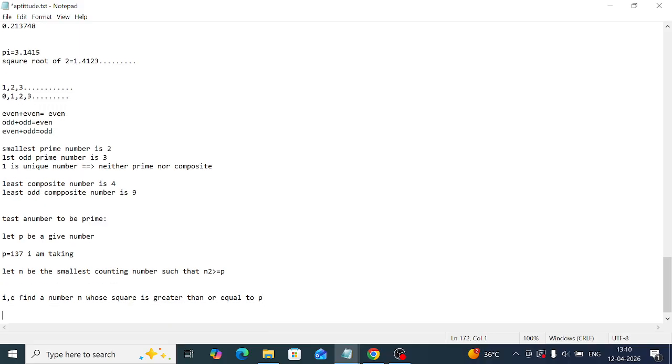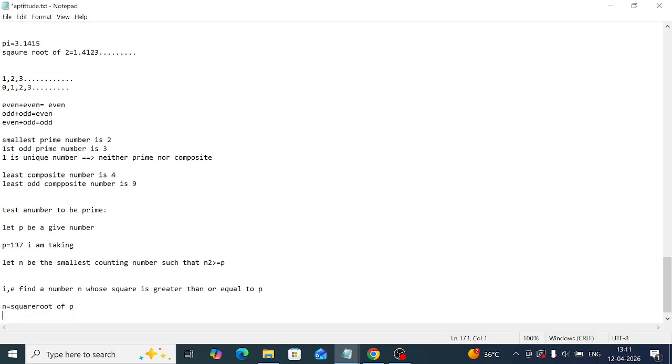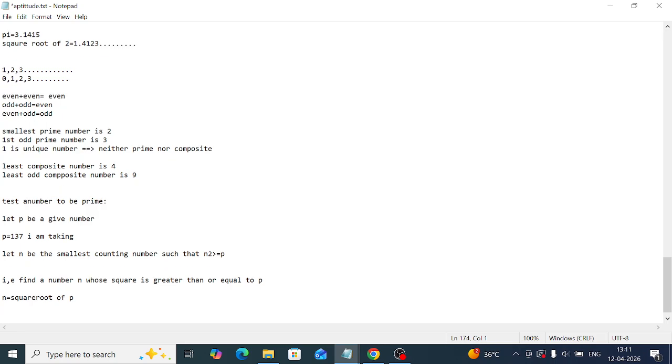In simple words, N is equal to the square root of P.